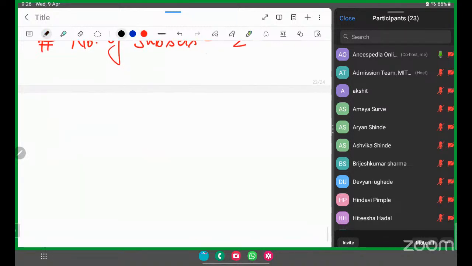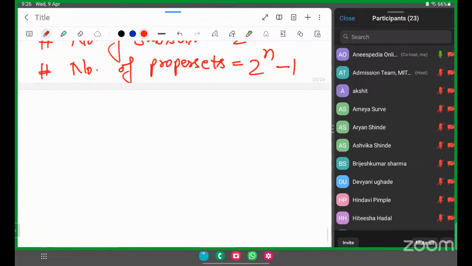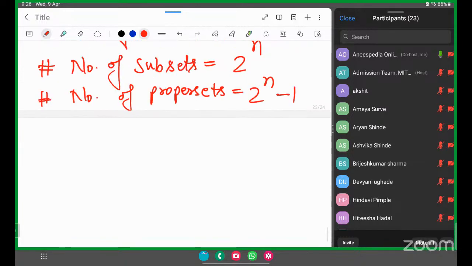And if you want the number of proper subsets, the total number of subsets will be 2 raised to power n minus 1, because in these subsets, one subset is an improper subset. So we have to subtract the improper subset out of total subsets, and hence we will get the number of proper subsets.